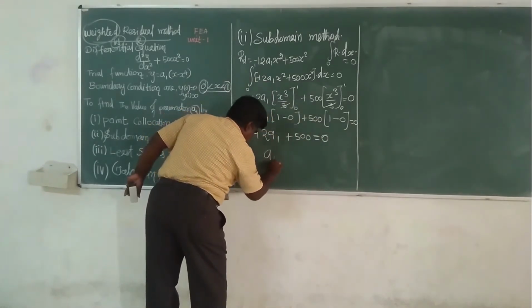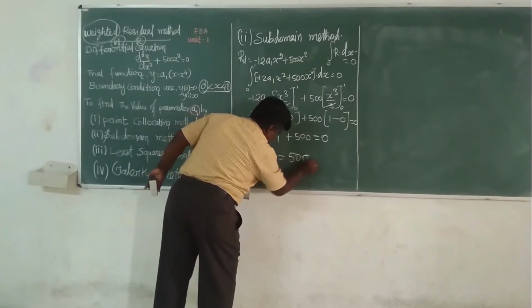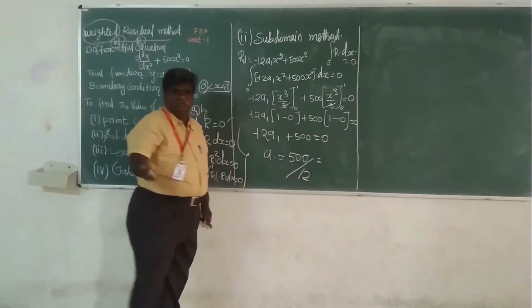Similarly, a1 is 500 divided by 12. What is the value that is coming?